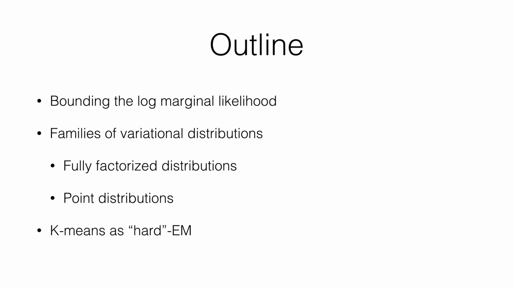But then we'll also look at point distributions, so distributions that have zero entropy and just have probability 1 at some point. And that will lead to a variant of expectation maximization called hard EM, of which k-means, or the famous k-means algorithm, is an instance. So let's get started.